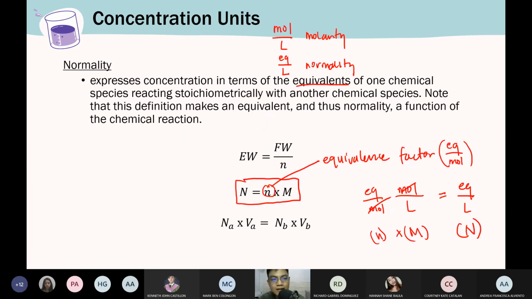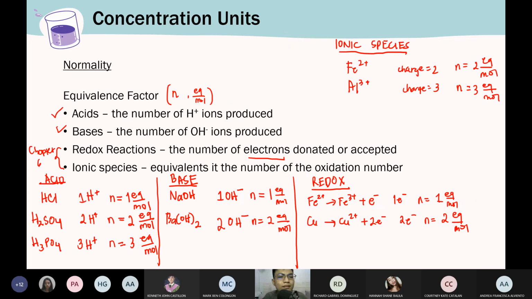That's normality. Okay? So, normality is the product of equivalence factor and the molarity. And the unit for the normality is equivalents per liter. So, talking about equivalence factor, the equivalence factor depends on your substance. If that is an acid, that is the number of H+ you can get out of it.